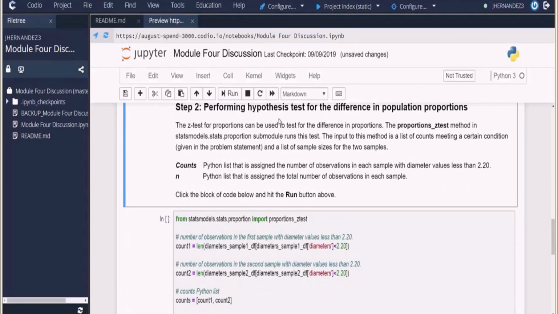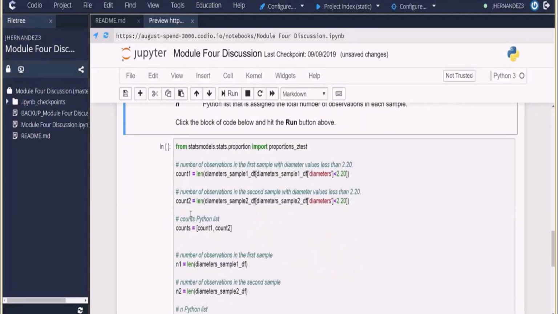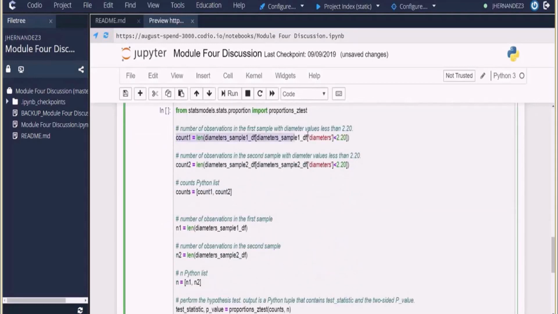We perform the hypothesis test for population proportions in this step. You'll see that I'm doing some calculations here to get the counts of ball bearings where the diameter is less than 2.2. This is the second sample where the count is again the number of ball bearings with diameter less than 2.2.